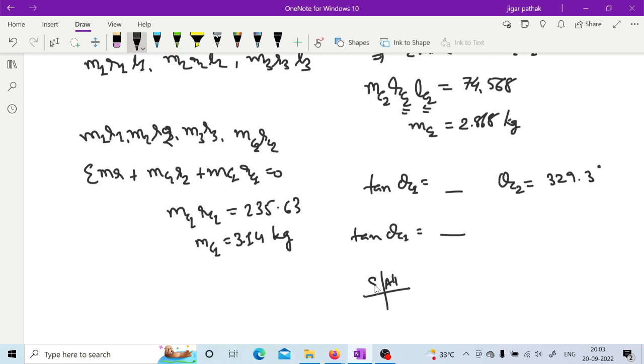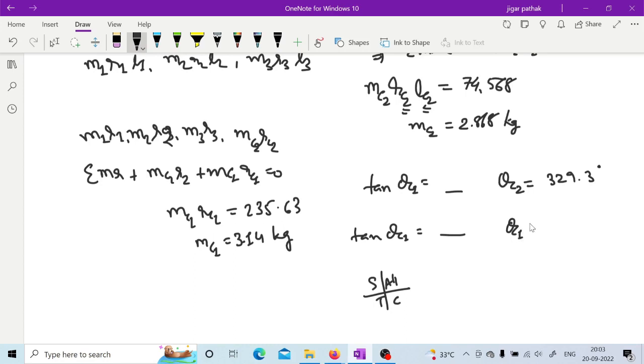So for theta C2, sine is negative and cos is a positive component. So this theta C2 is lying in the fourth quadrant.